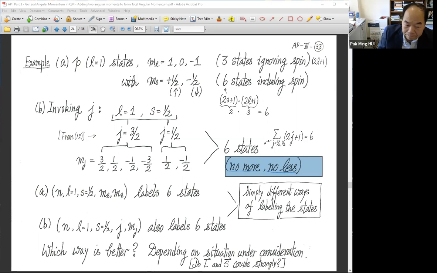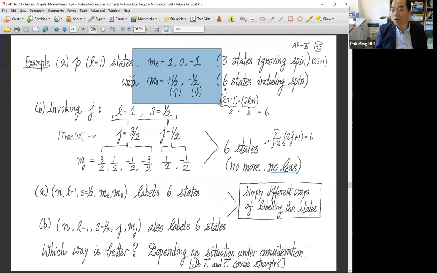All right. Now, for those who are more theoretical and mathematically inclined, the following statement, just 10 seconds, and I will not go further into it. Basically, we start off here with 6 states, right?